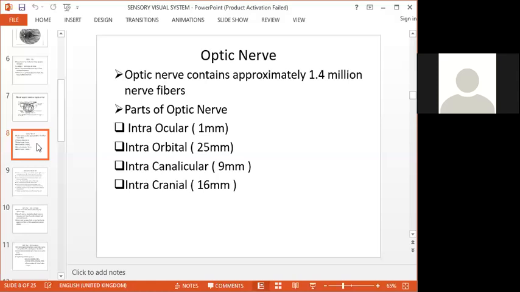All these are just sections of the parts the optic nerve passes through as it goes to the end, to the occipital lobes, the medial part of the occipital lobes.